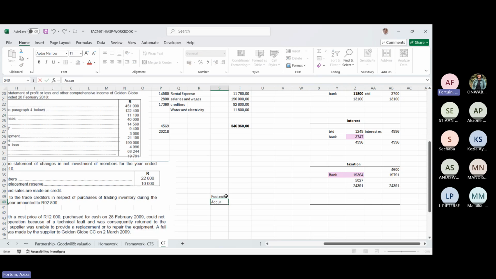Okay. Accrued expenses is a liability. Right? And liabilities, income, and capital will always be on the credit side, and assets and expenses will always be on the debit side.